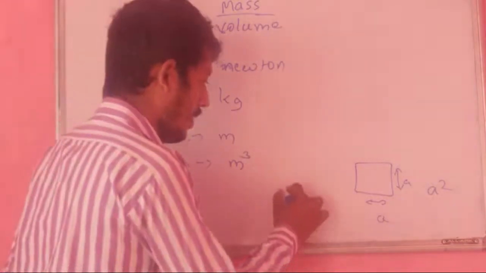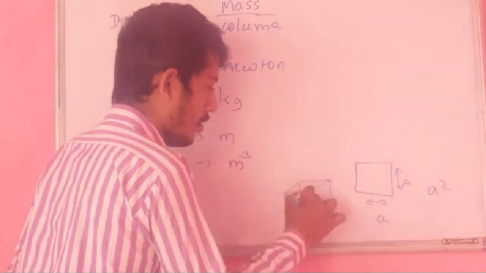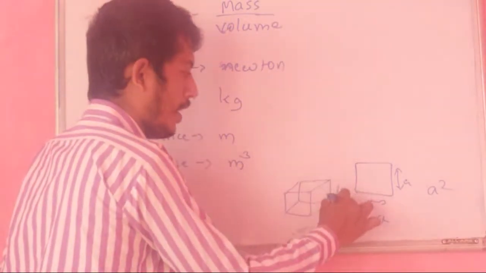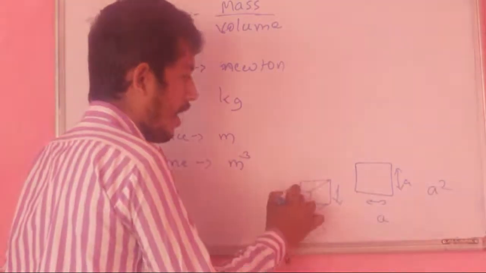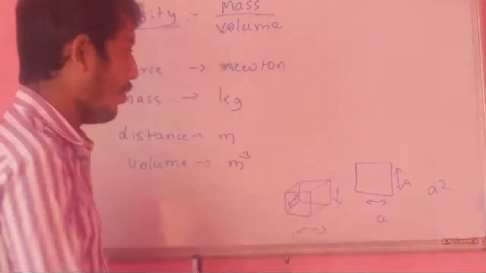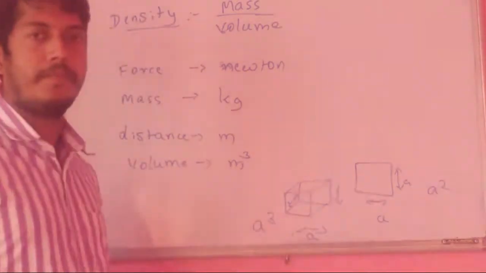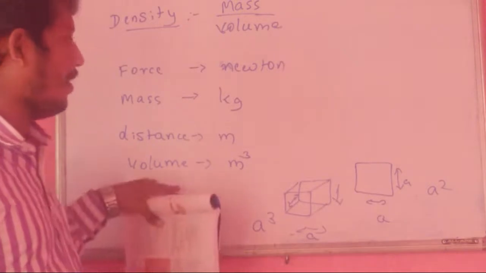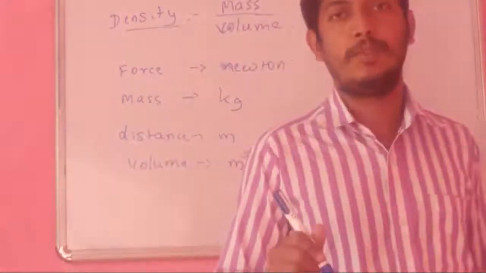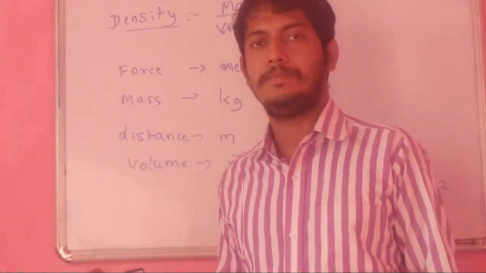If you consider a cube, then it has length, breadth and height also. Therefore its volume becomes a cubed if the side is a. Here the length, breadth and height are measured in meters. So that's why its volume becomes meter cube.